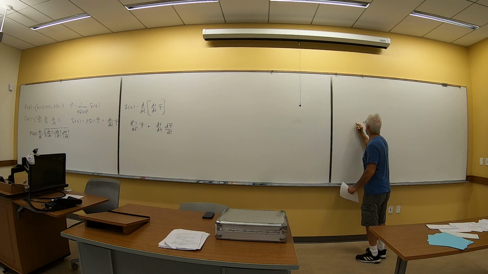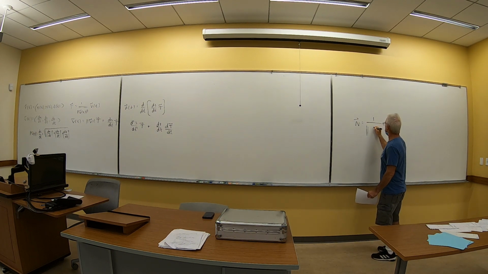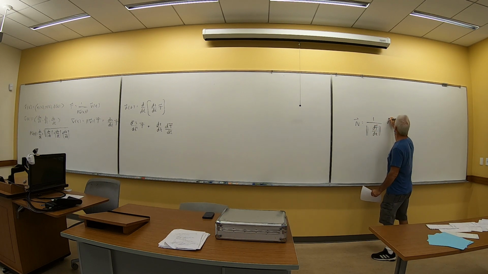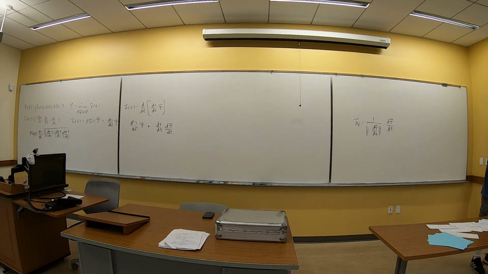What do we already know? Well, what is the unit normal? Isn't it 1 over the magnitude. This was last day. This was a big deal last day. The derivative of the unit tangent is not a unit vector in general, but the derivative of the unit tangent is in the direction of the normal vector. We showed that last day.